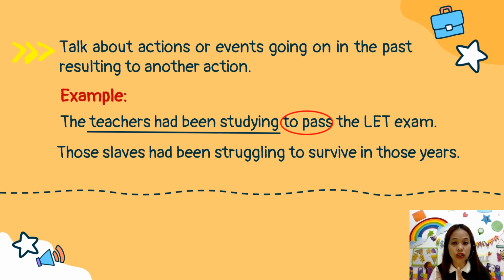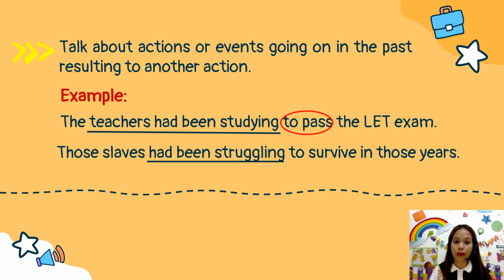The next action is to pass. The idea here is that we need the first action to get the result of the second action, as you see in the first example, right? So it shows that the action in the past was ongoing, which is the studying, because of the result that we want, which is to pass. All right?